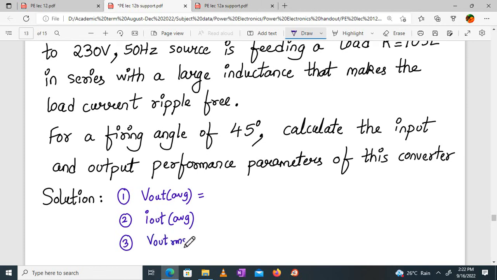Then point number 4, I out RMS. Why it is so? Why they are saying? Because of this. I out RMS.